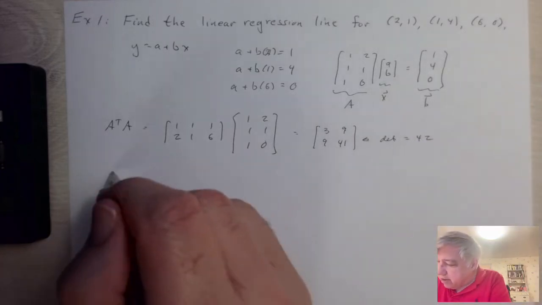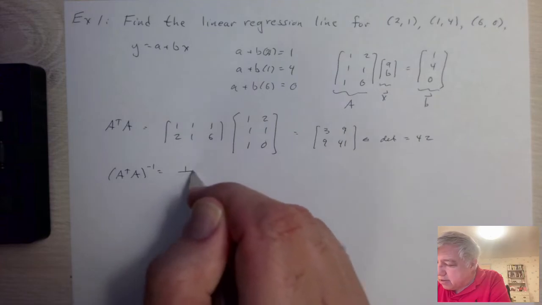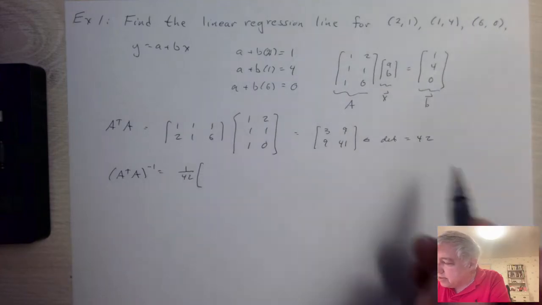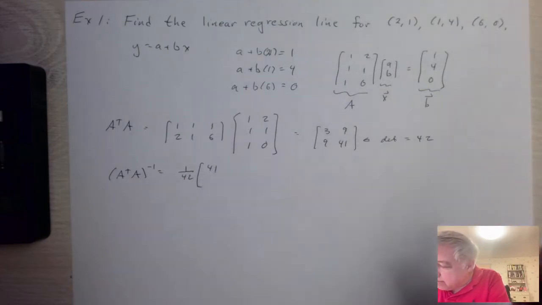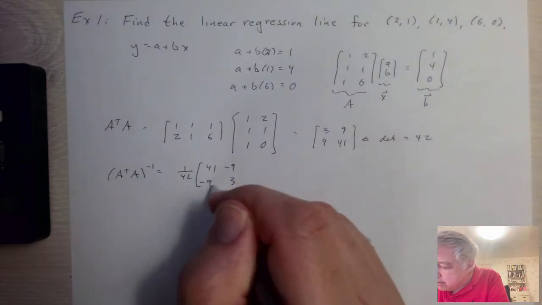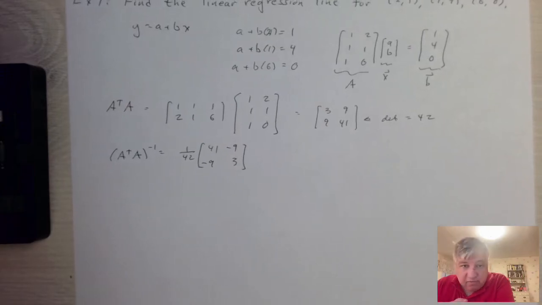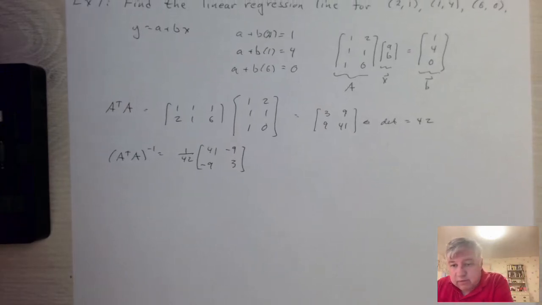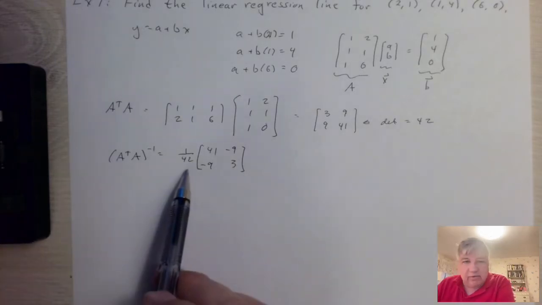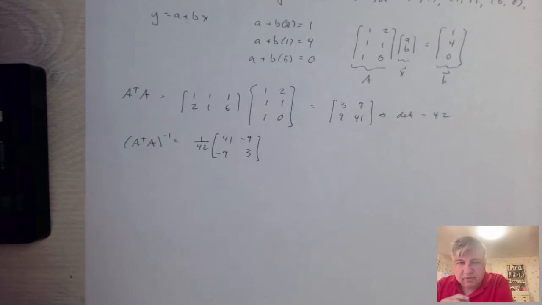And so the inverse of A transpose A is 1 over 42 times [41, negative 9; negative 9, 3]. All right, so we have that explicit formula for 2 by 2 matrices.